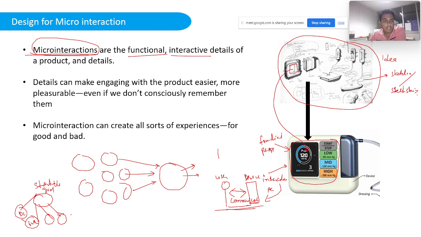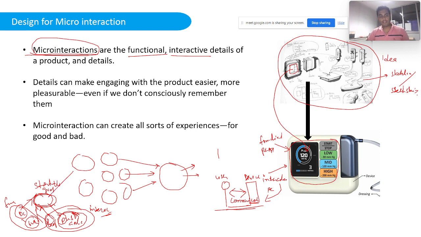The interaction will be a push action, and then you get some sort of feedback, for example a beep sound. All these aspects, functional and interactional in nature, combine and serve a certain goal. This small goal can be a sub goal for your overall product design.